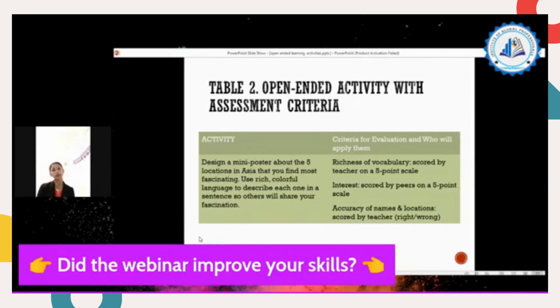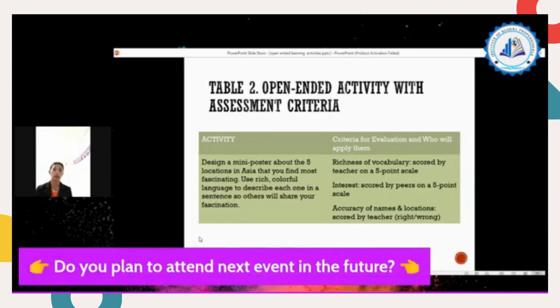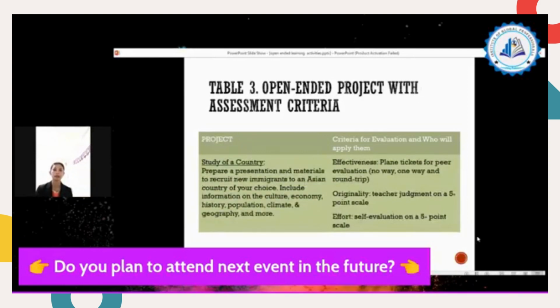Meaning in one learning area, in one particular task, you're going to come up with a lot of different answers, and these answers are based on their ideas, based on their experiences, based on their knowledge about one particular task or activity. Okay, next slide please.